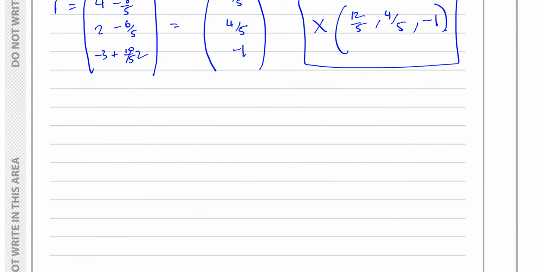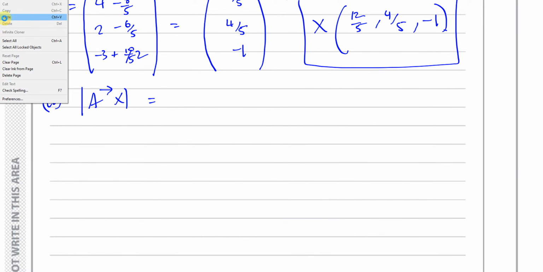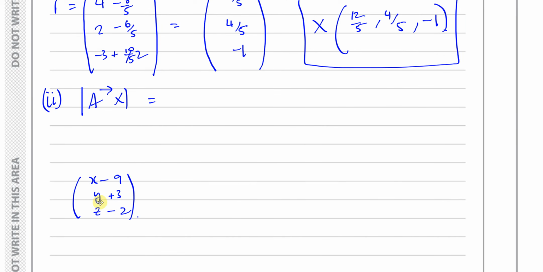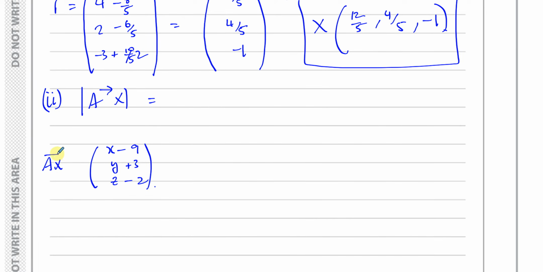Okay, so now for part 2, we need to find the magnitude of the vector from A to X. This is the vector A to X, which is now going to be 12 over 5 minus 9, and 4 over 5 plus 3, and minus 1 minus 2.